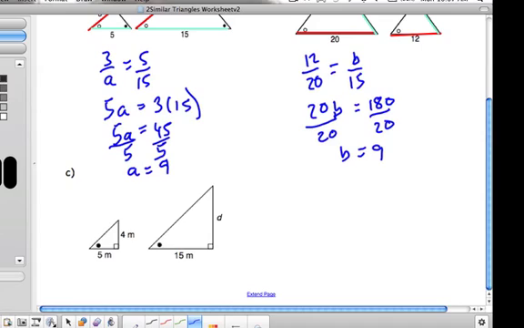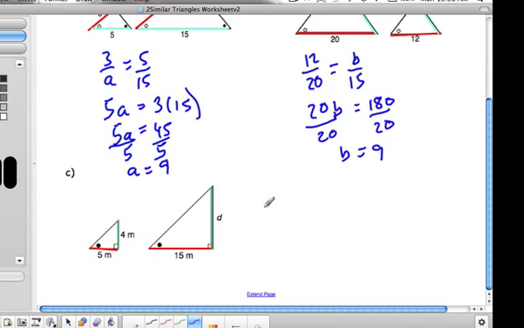For this one, the side that's labeled 5 in the small triangle corresponds to the side that's labeled 15 in the larger triangle. And the side that's labeled 4 in the smaller triangle corresponds to the side that's labeled D in the larger triangle.